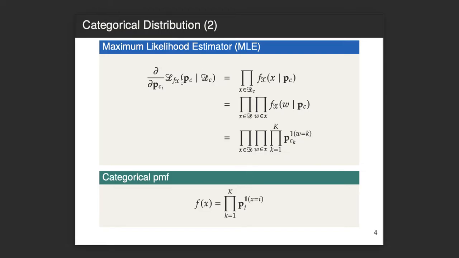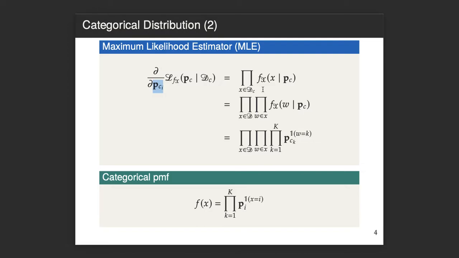The maximum likelihood estimator is a function of the parameters, and we take the partial derivative with respect to the parameters we are interested in, which is one of the parameters of the distribution.